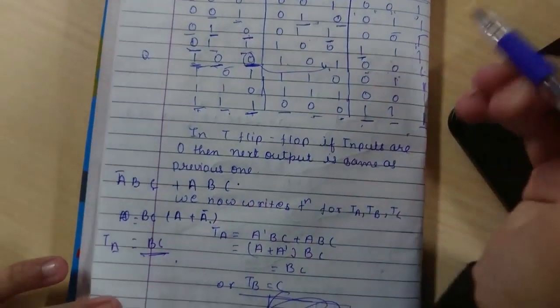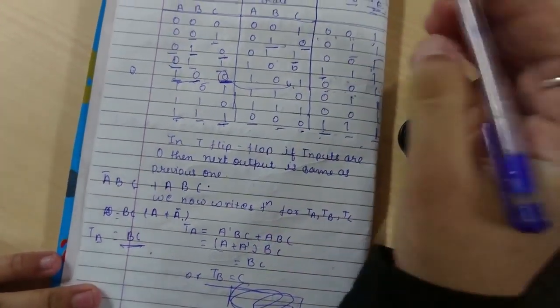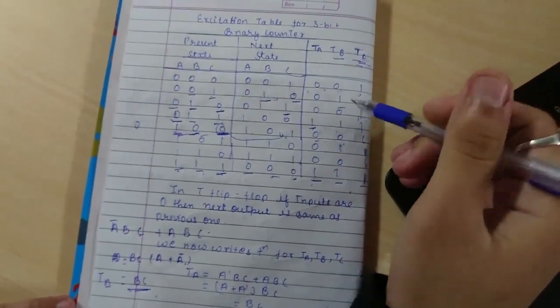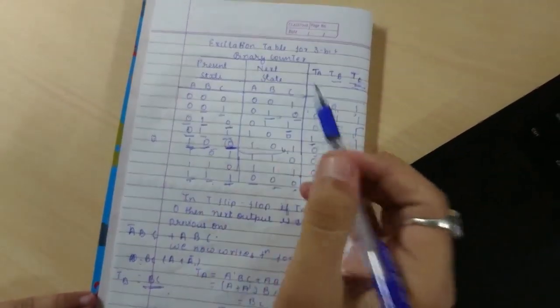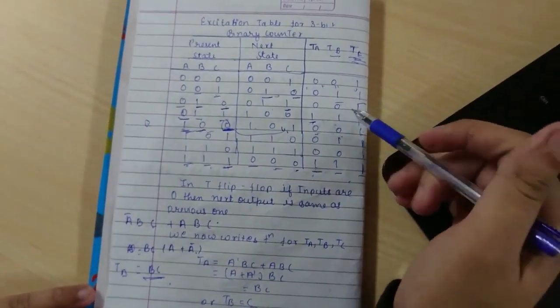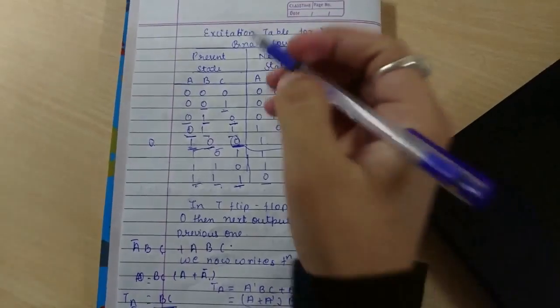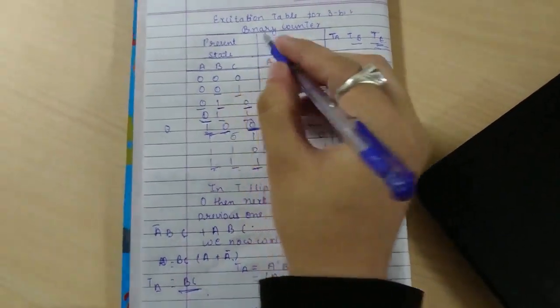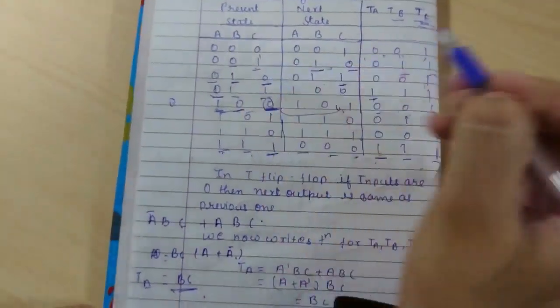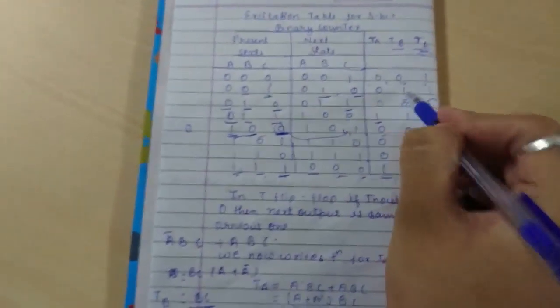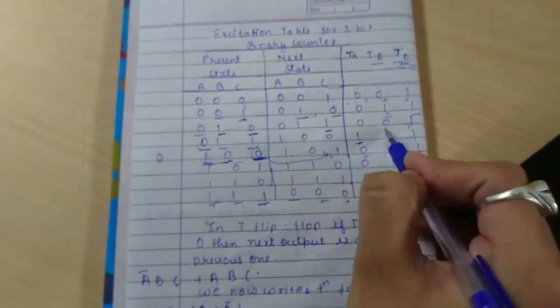Now let's come to the function of TB. For TB we need to see when TB is 1. You can either design using a K-map, or you can just observe that when the value of C is 0, the value of TB is 0. When the value of C is 1, the value of TB is 1. When C is 0 again, then TB is 0.